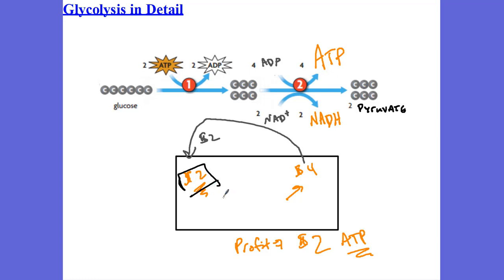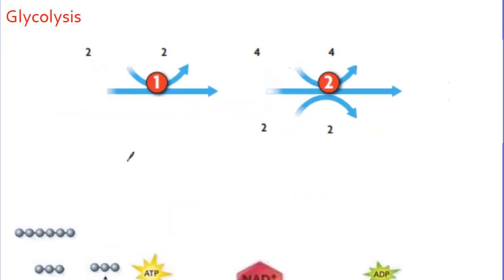Where did the first 2 molecules of ATP come from to break the first bond to get this going? Your parents needed to supply you with the $2 at the beginning of the lemonade stand. You didn't have $2. Once your lemonade stand starts working, yes, you have $2 because you're making $4 each time. But where did that first $2 come from?